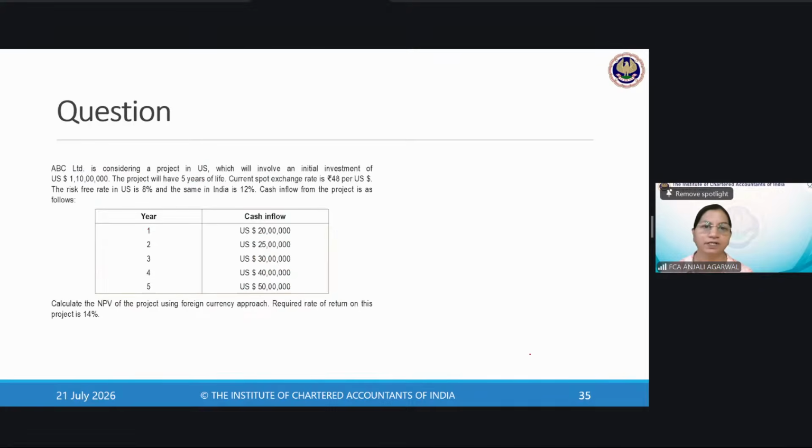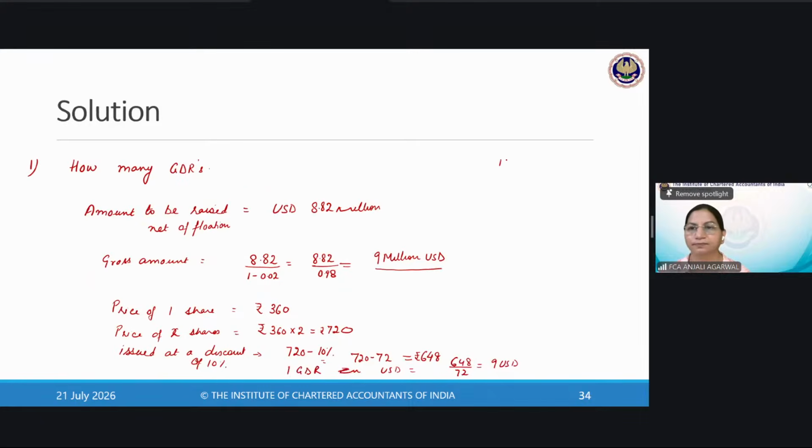So the number of GDRs will be: 9 million to be raised, and the price of one GDR is 9 USD. So we will raise 1 million GDRs. 1 million GDRs have to be raised.